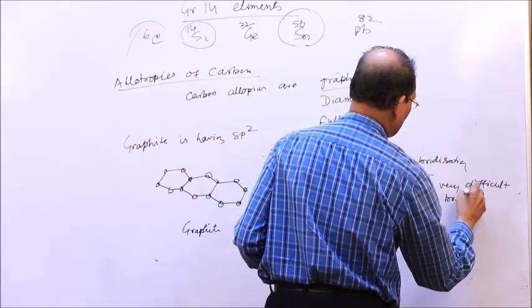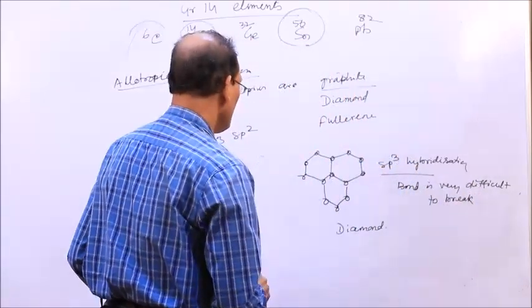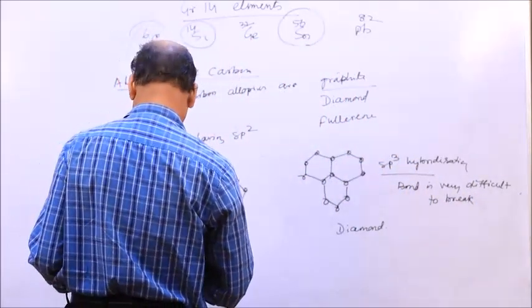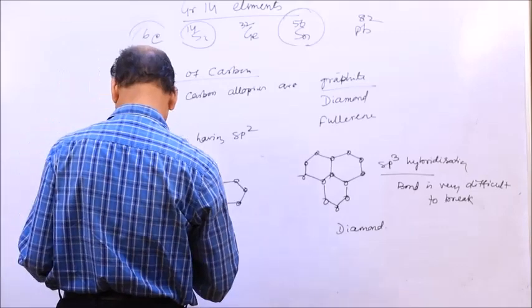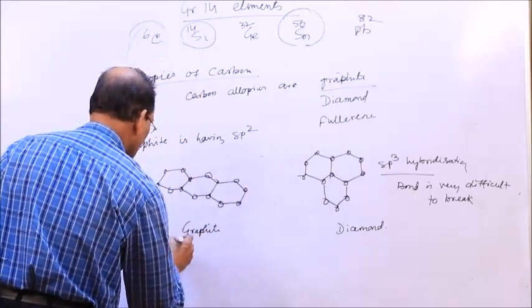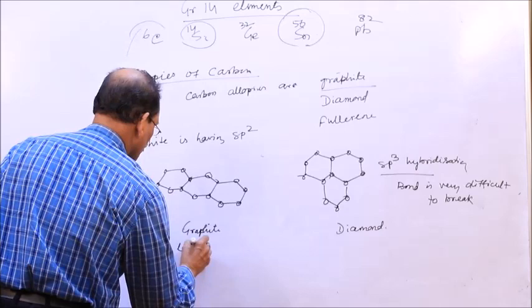That is why diamond is very strong and hard, and graphite is a layered structure.